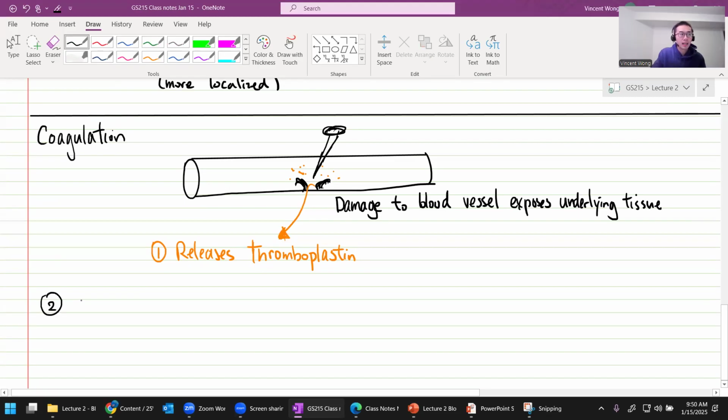I don't know if you remember, one of them is prothrombin. When you see the prefix pro, it means it is inactive. So you have prothrombin in your blood right now, and it is switched off, which makes sense because you're not bleeding.